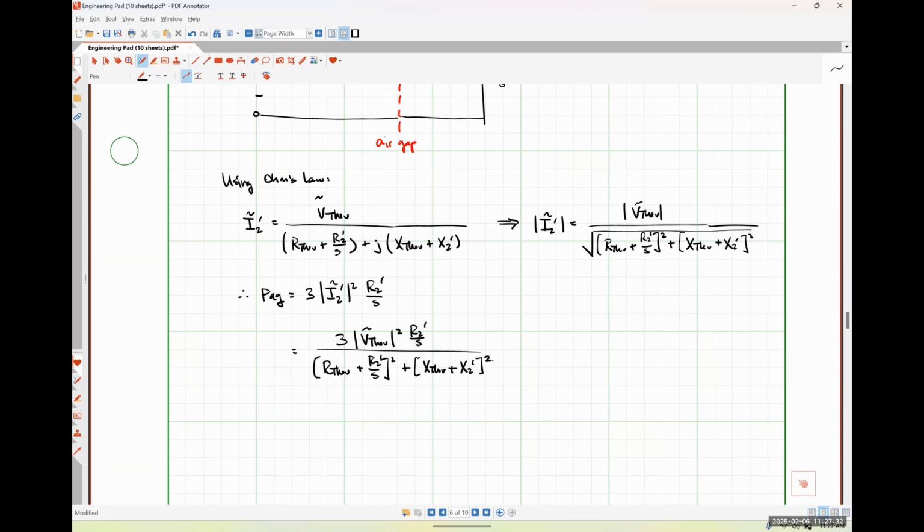This guy is squared. So I squared it, right? So I have this I2 guy, or the magnitude of I2. When I'm calculating my power, I square it, and so that's going to get rid of that square root sign.